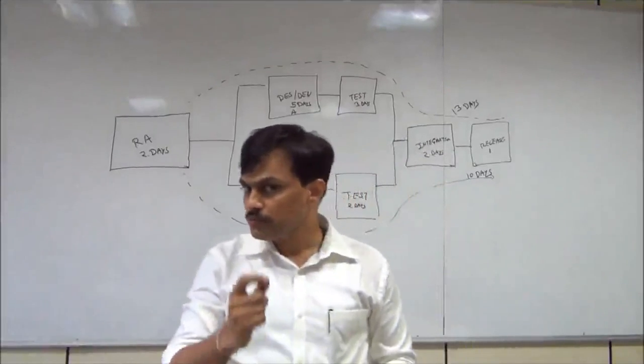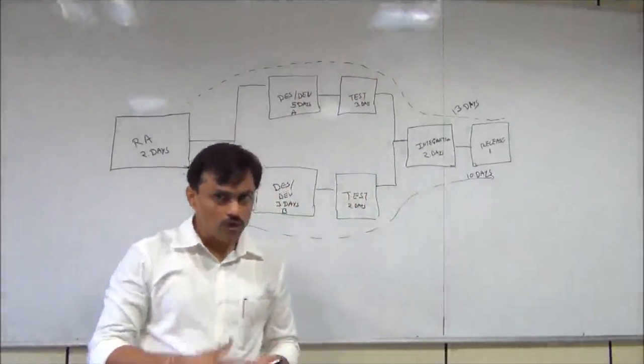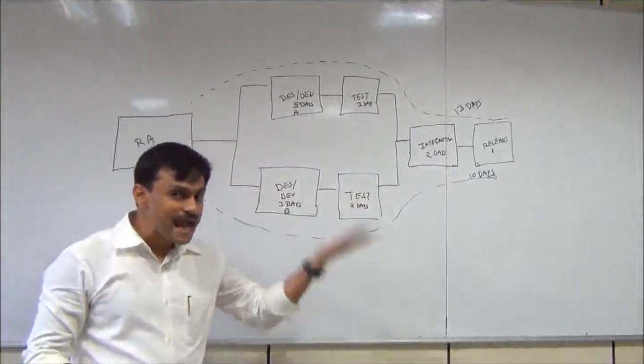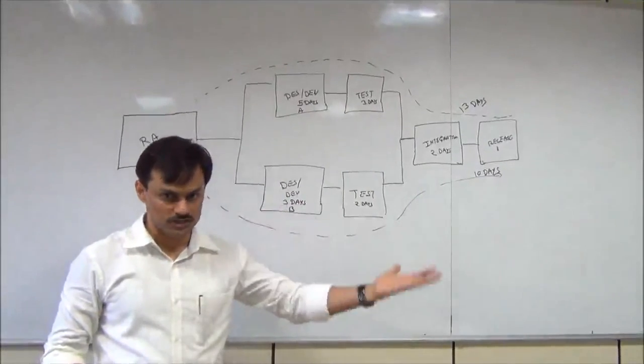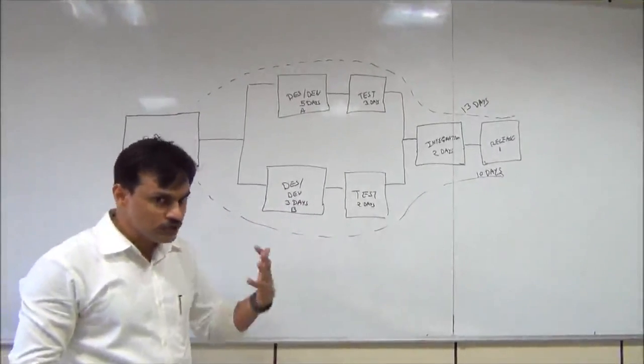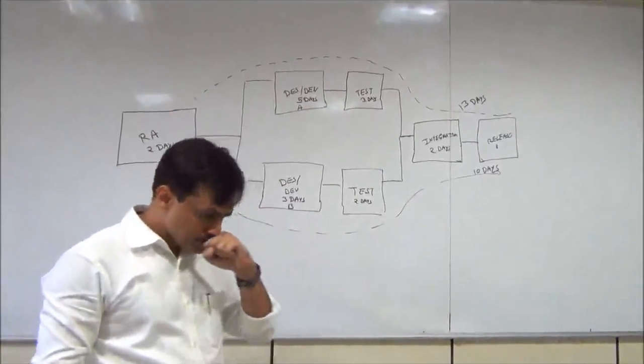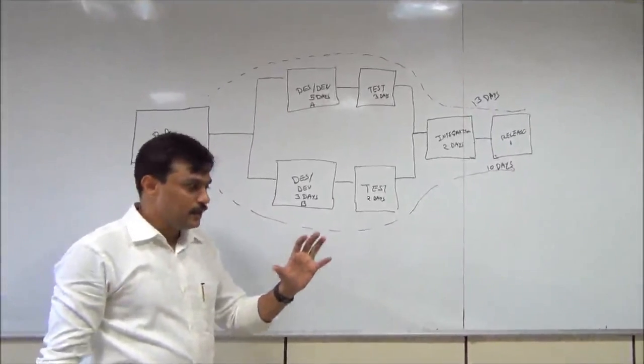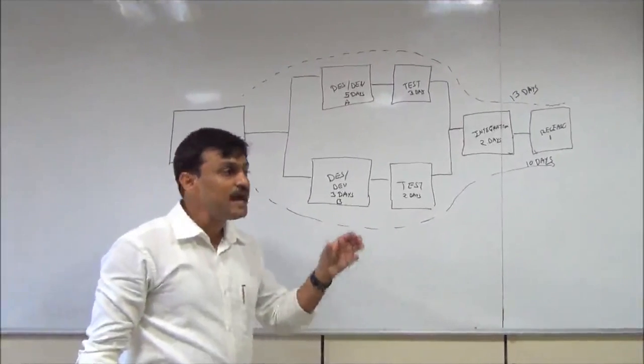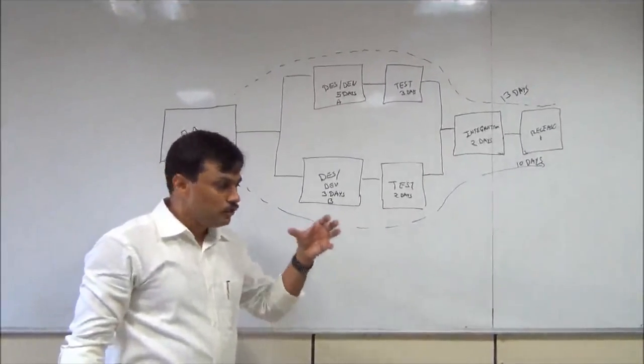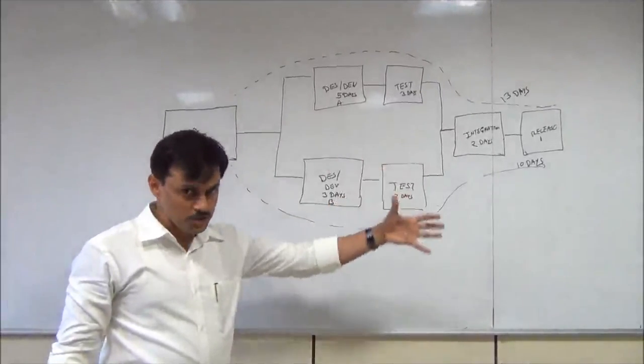Now I used the term float. Float is also called slack; slack and float are synonyms, and float is also termed total float. Float represents the amount of slack we have in an activity without delaying the complete project.